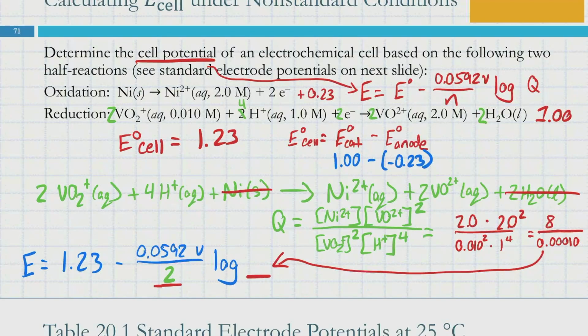So 1.23 minus 0.0592 over 2 times log of 8 over 0.01 squared. And our cell potential is 1.08.